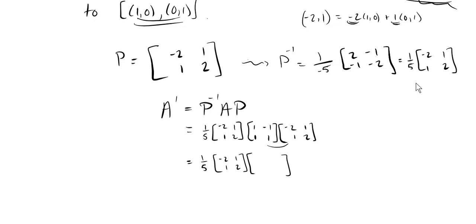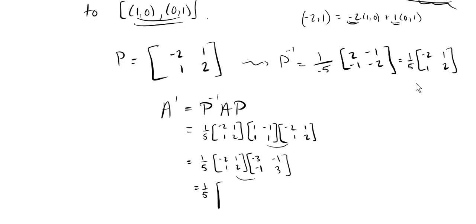Multiply these guys. Looks like I get negative 2 minus 1 is negative 3. 1 minus 2 is negative 1. Negative 2 plus 1 is minus 1. 1 plus 2 is 3. Okay. Multiply the remaining matrices.